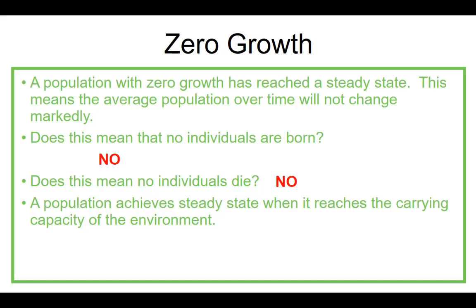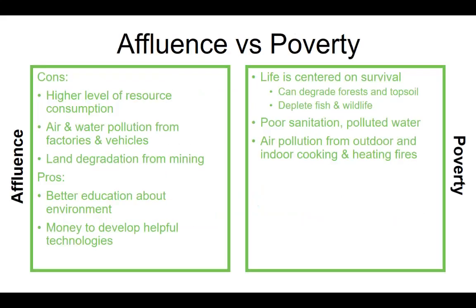Now, in humans, things are a little different than when we start talking about animal or plant populations because it's not just about consumption of raw materials for feeding ourselves or providing shelter, these types of things. And we have financial differences in terms of monetary or economic gaps. Affluence versus poverty definitely impacts the environment as well as the population itself.